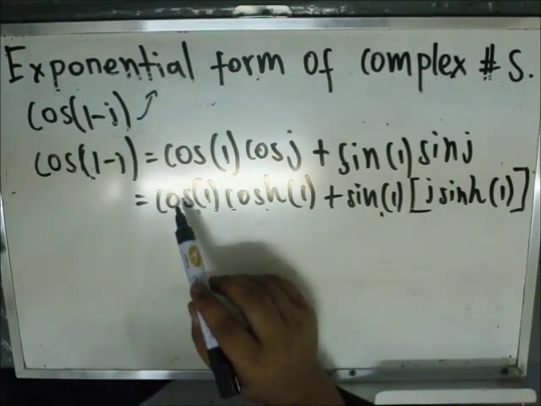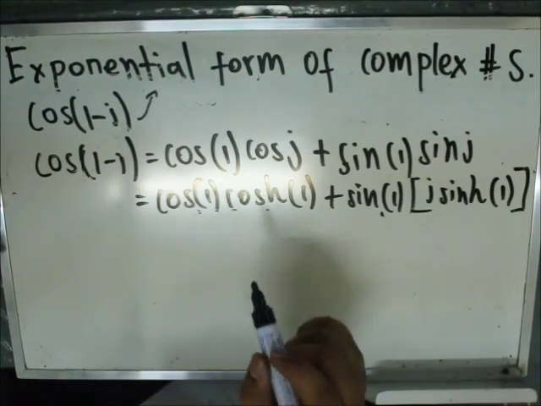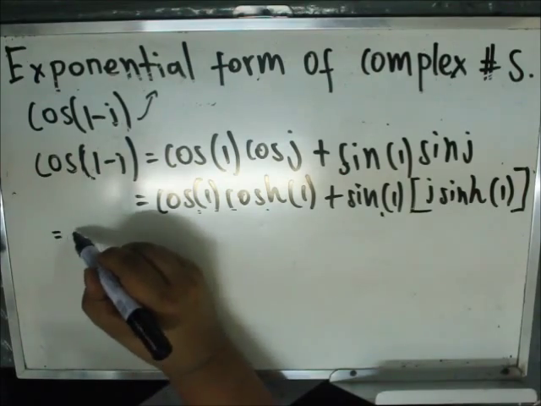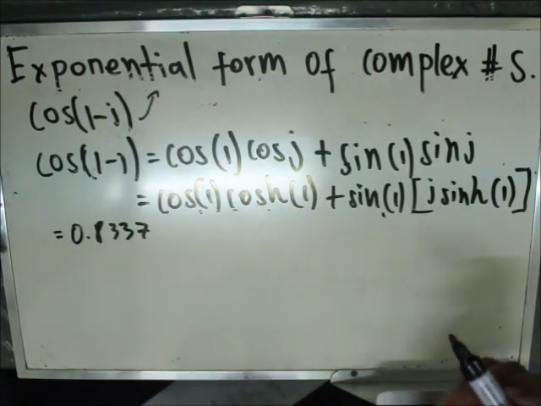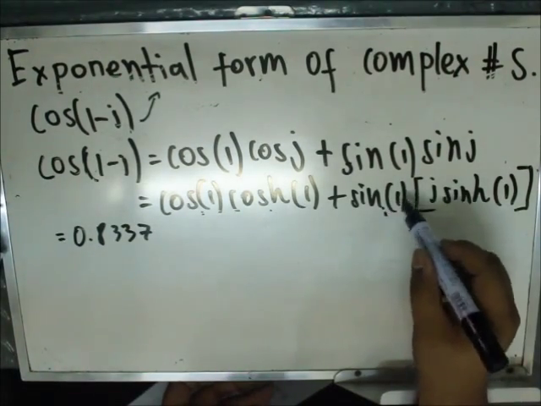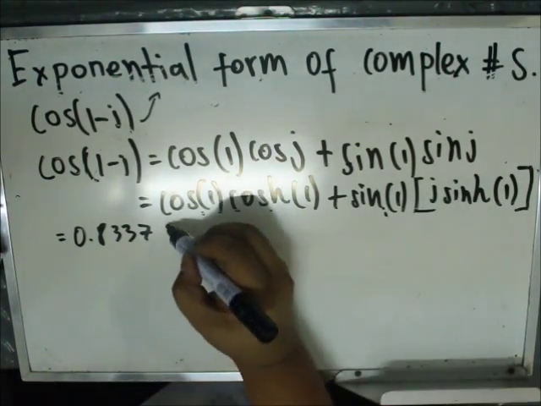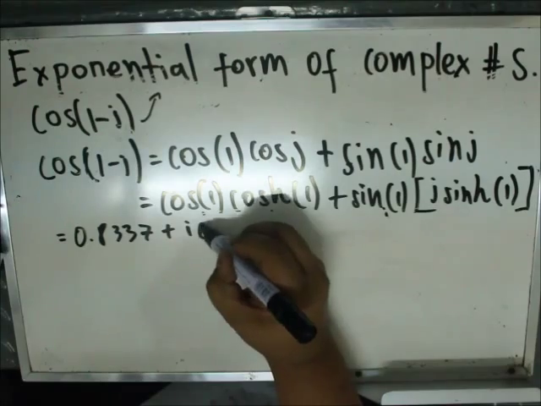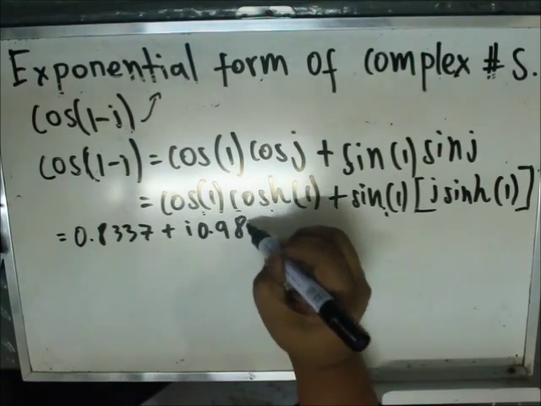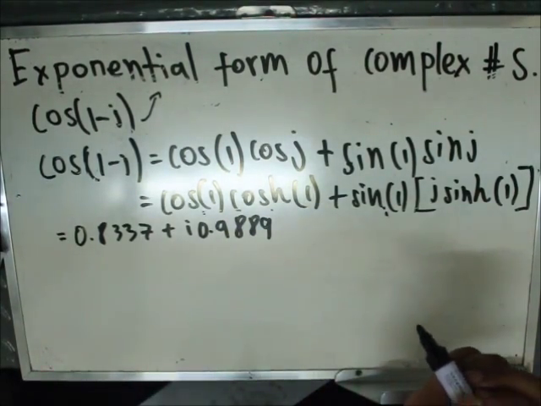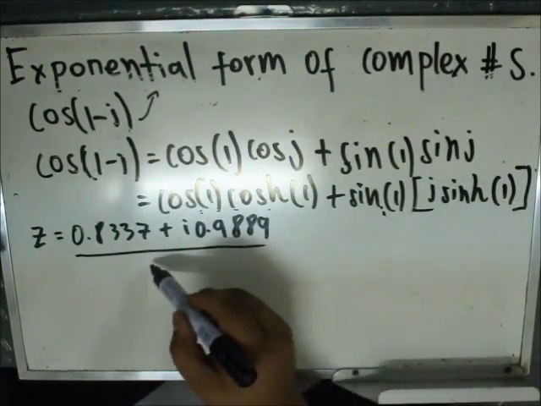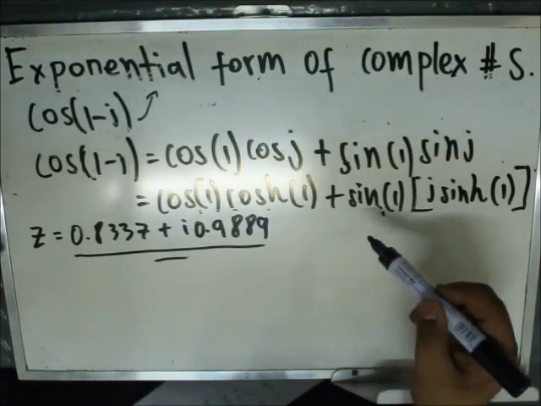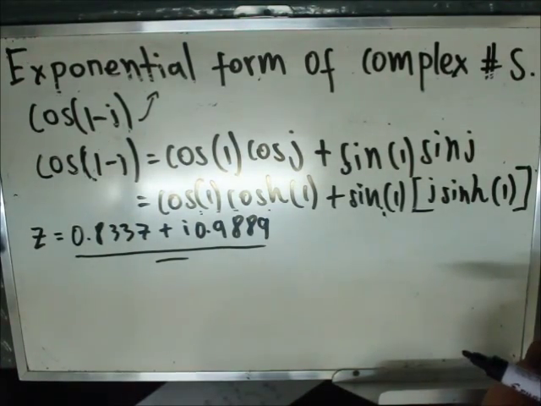Now, cos 1 times cosh 1 would be equal to 0.8337, while sin 1 times j sinh 1 will be equal to j 0.9889. Then we get the rectangular form z is equal to 0.8337 plus j 0.9889.